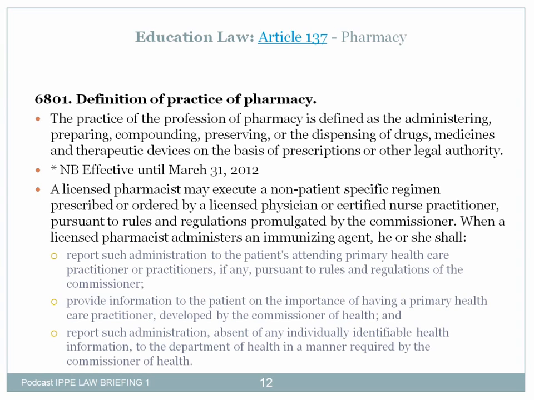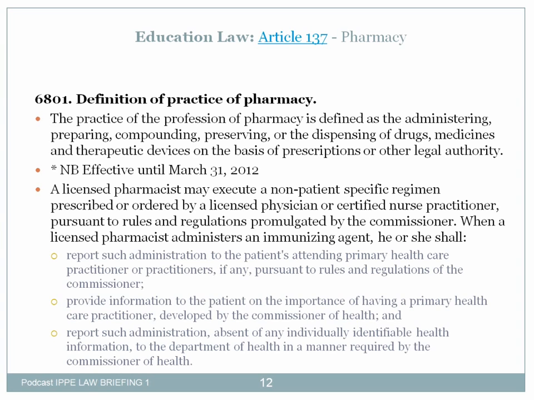What that means is, for now, for like the next 2 years, a licensed pharmacist may execute a non-patient specific regimen prescribed or ordered by a licensed physician or certified nurse practitioner pursuant to the rules and regulations promulgated by the Commissioner.